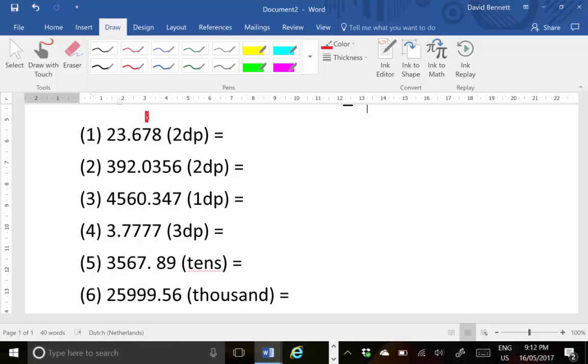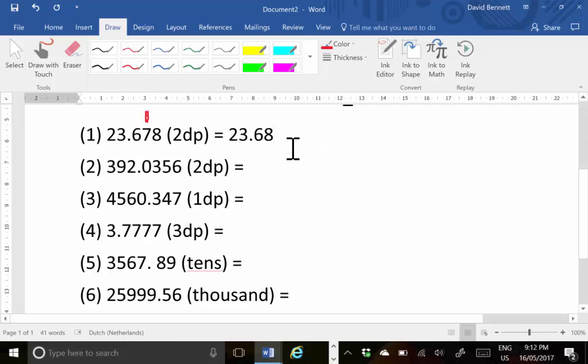If I'm looking at the second decimal place, I have to look at the third number. If that number is below 5, it stays as a 7. If it's greater than that, it goes up. So this one becomes 23.68. Yes, it has to go up, doesn't it?